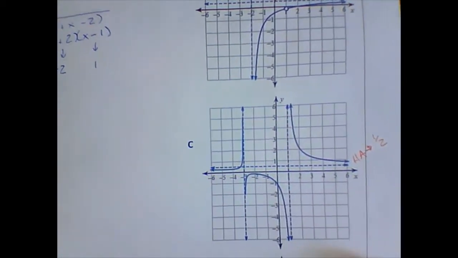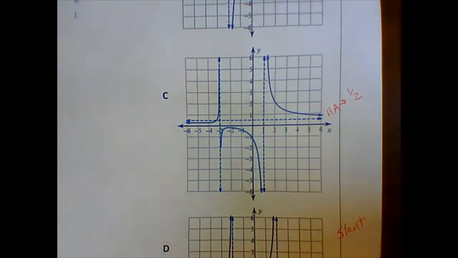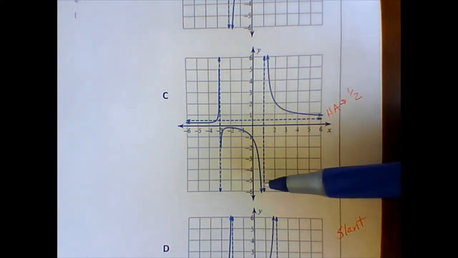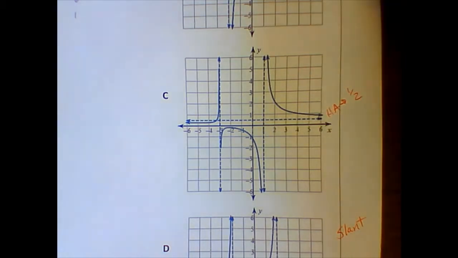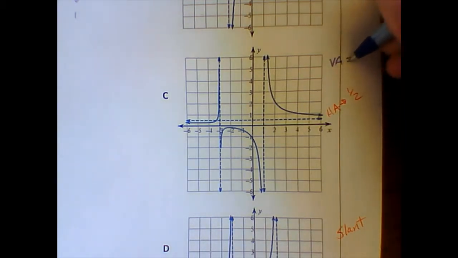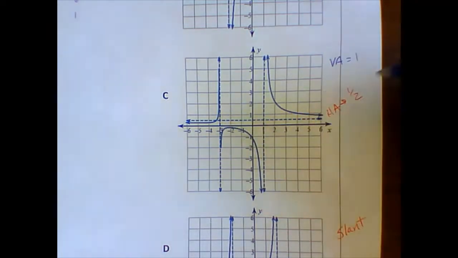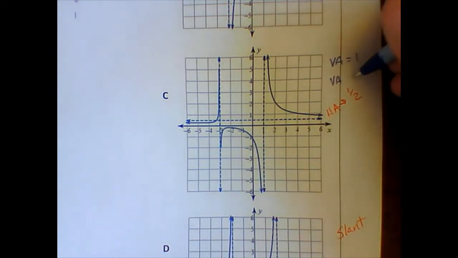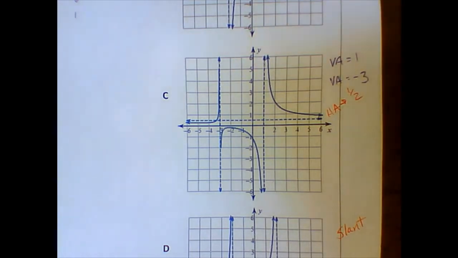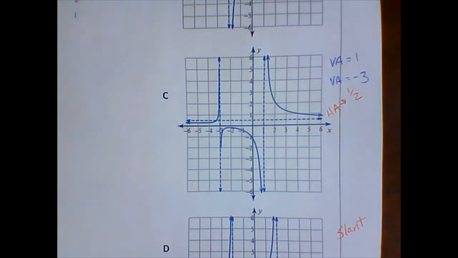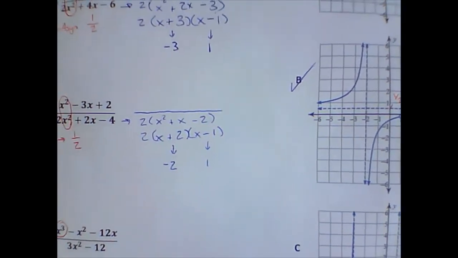All right, and just to finish it off, let's go down and make sure we're right. It's always good to check your last choice. Something, a vertical asymptote, is happening at 1, and then another vertical asymptote is happening at negative 3. So let's go confirm that our first equation matches.